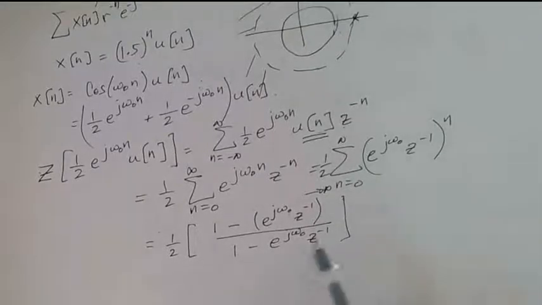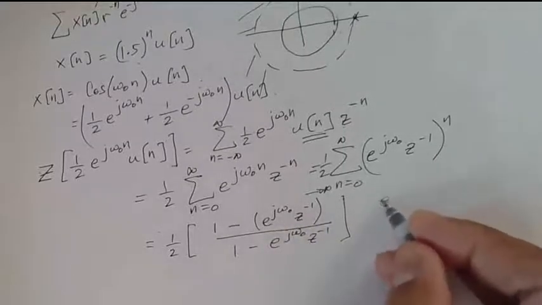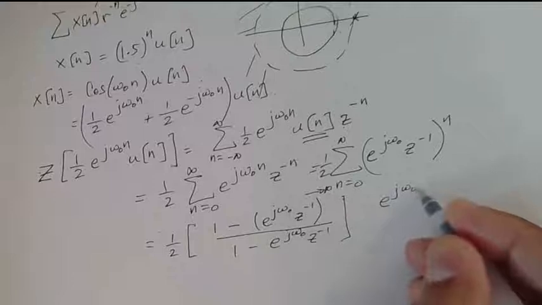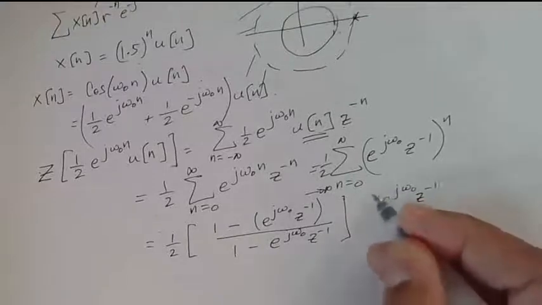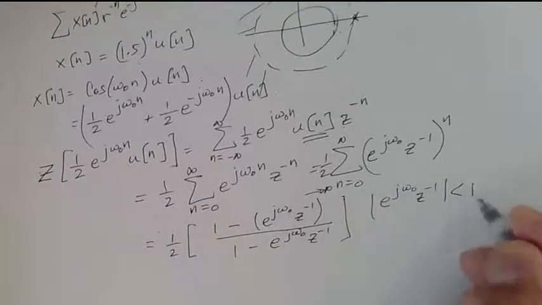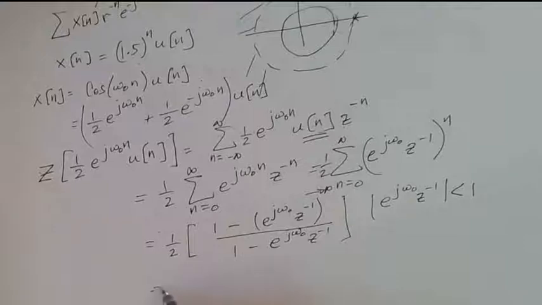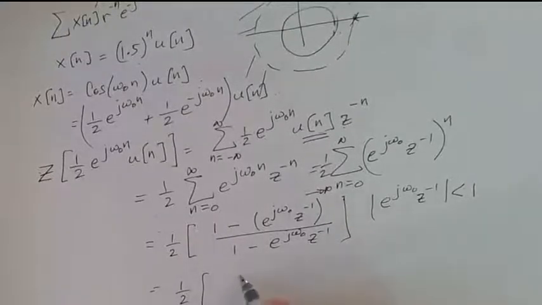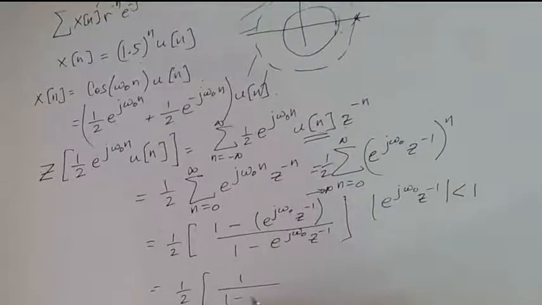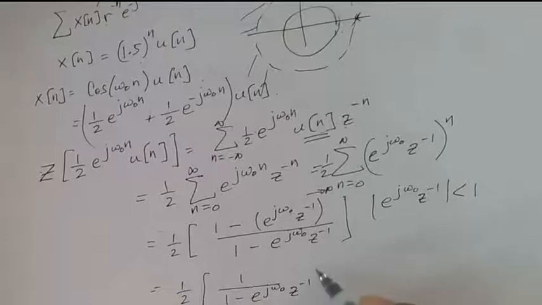Right. So this thing will converge when the magnitude of this quantity is less than 1. So the magnitude of e to the j omega naught z to the minus 1 has to be less than 1. And in that case, I'll get 1/2 times 1 over 1 minus e to the j omega naught z to the minus 1.